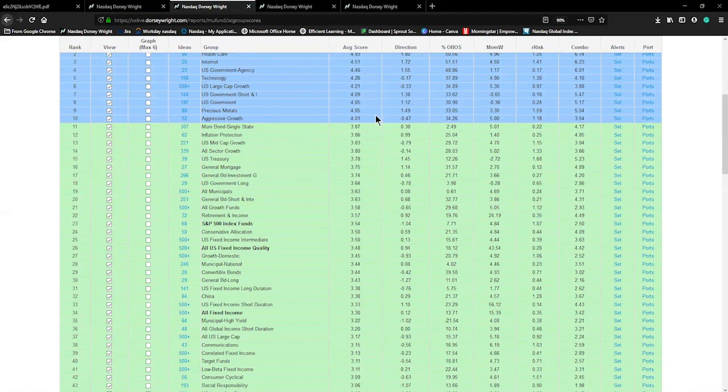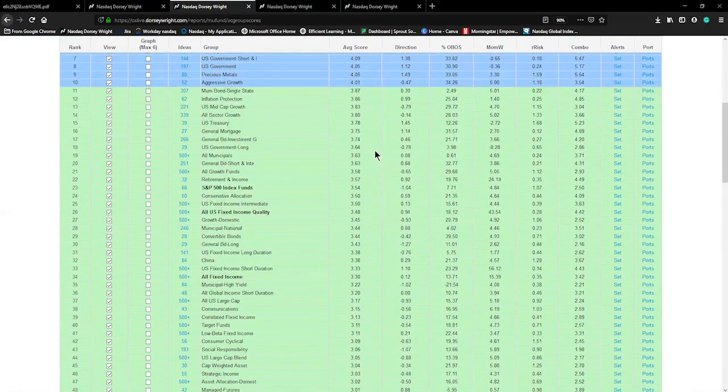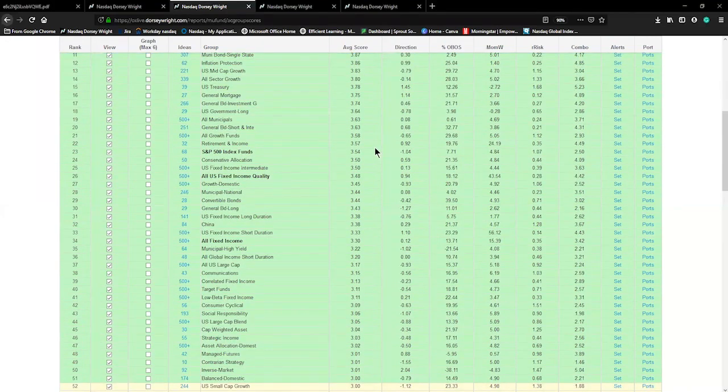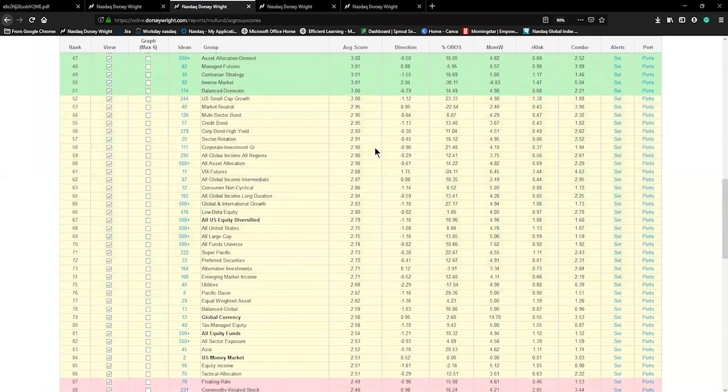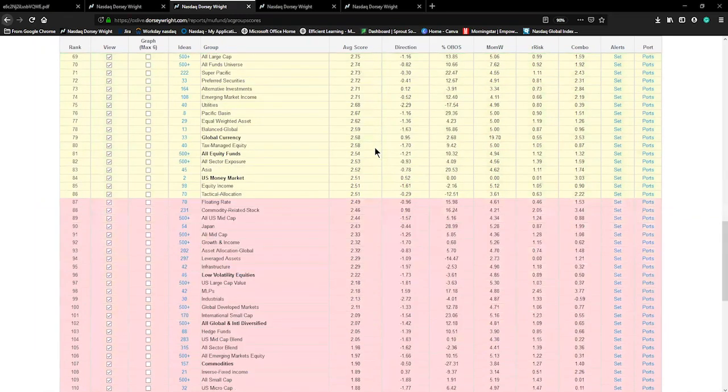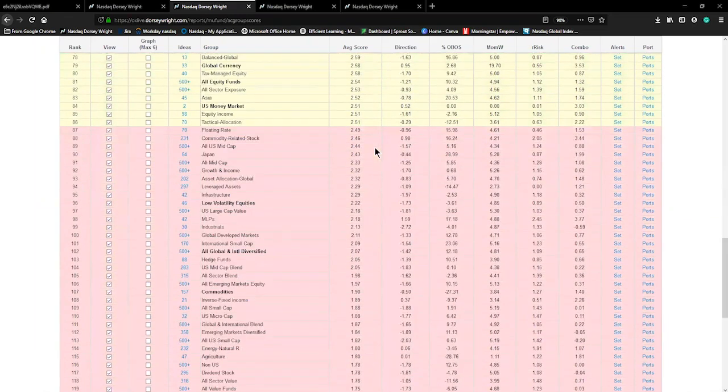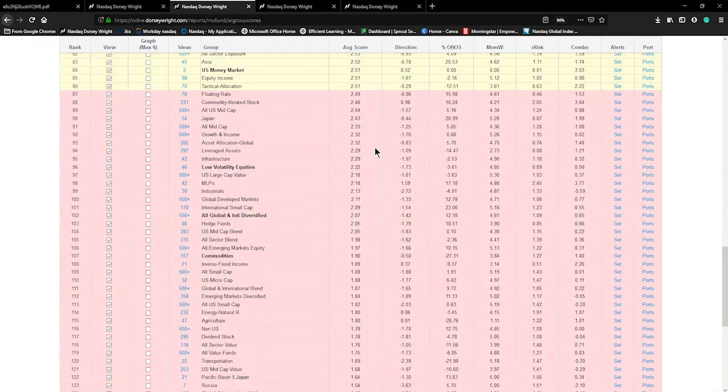Moving down, groups in green are still favorable, with fund scores above 3.0, not necessarily as high as 4.0, but still favorable. The yellow territory is fund scores from 2.5 up until 3.0. Then down beneath that, in low field position, below a group score of 2.5, we get into the red territory of those more unfavorable groups.